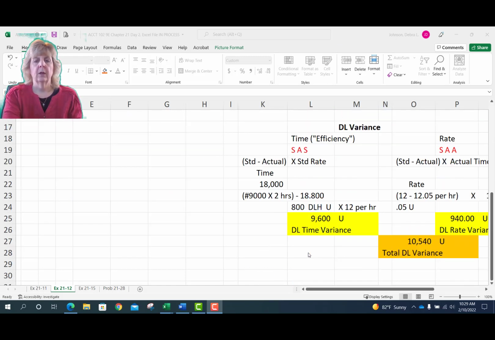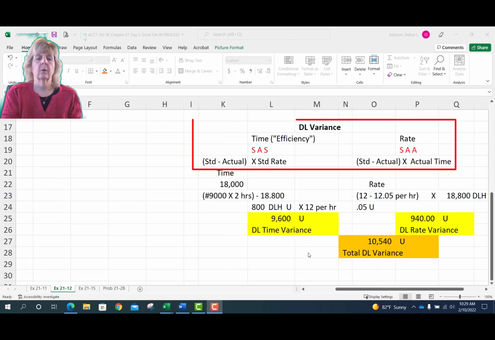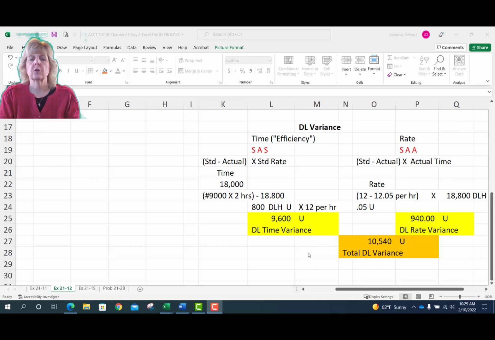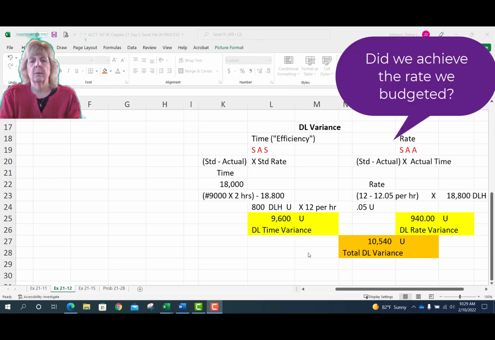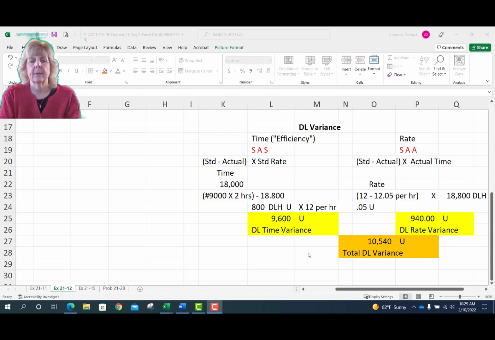Moving down, we also did the direct labor rate variance, well, time and rate. Time measures how efficient we were in the use of our human capital or our human resources, and the rate variance measures whether we achieved the labor rate that was used in our budget.